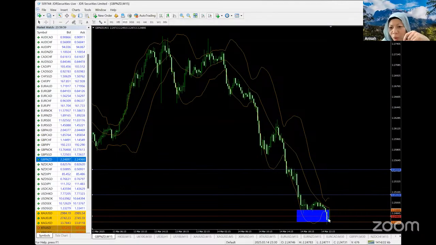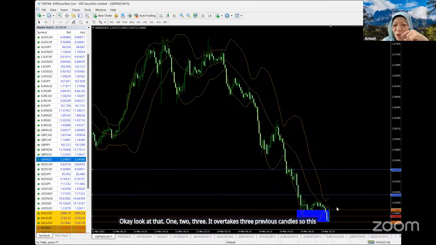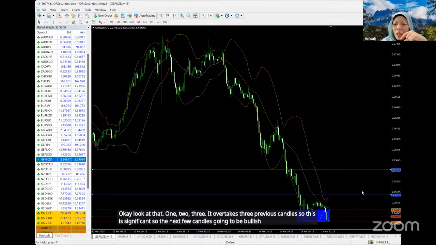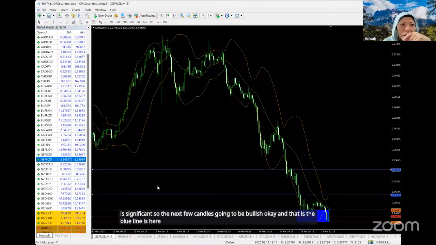Look at that, 1, 2, 3. It overtook 3 previous candles, so this is significant. So the next few candles are going to be bullish, and the blue line is your immediate target. So that's for pound to kiwi.